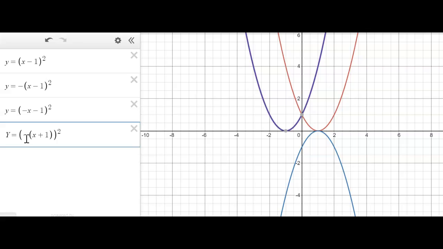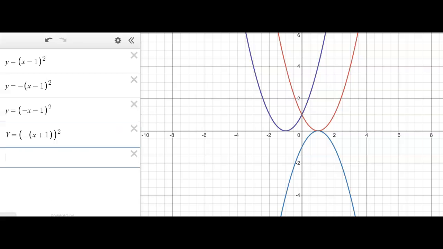If you read the green graph, so I'll just get rid of the purple one for now, you might say it's been reflected in the y-axis and shifted to the right one, when in fact what has happened is, if we're looking at our basic graph of y equals x squared, it's been reflected in the y-axis and then shifted to the left one.